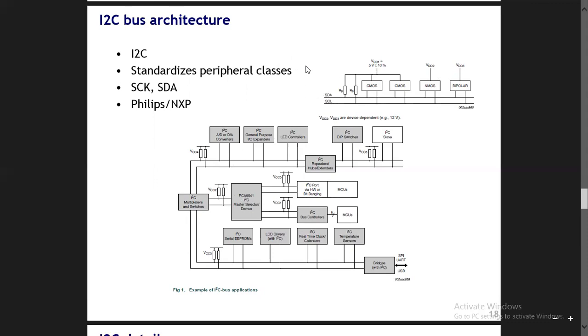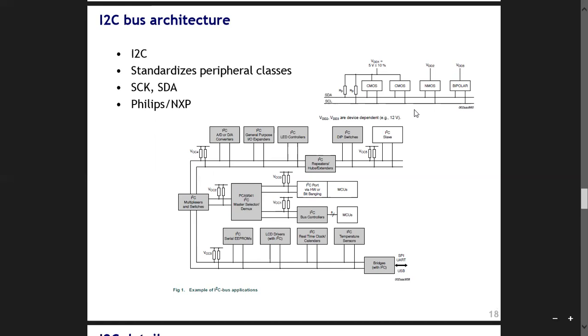As I stated before, we have only a couple of signals, and these are SDA and SCL. So we have only two physical signals in the I2C bus protocol. SDA means serial data, and SCL means serial clock, as it is again a synchronous communication protocol.